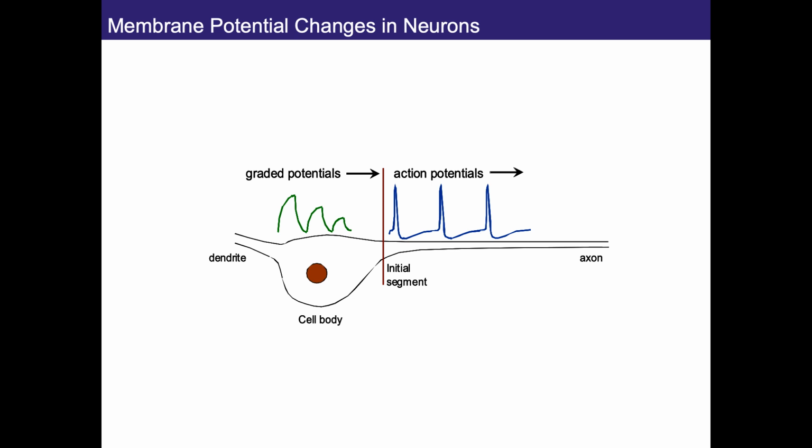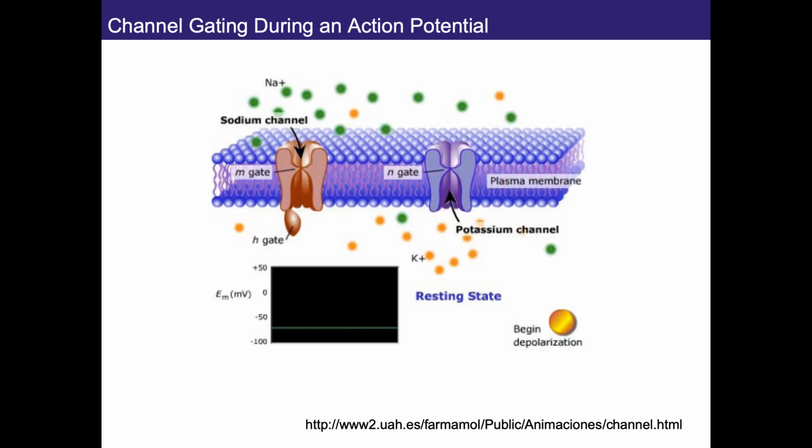Okay, now we actually talked about this before. I showed you this particular animation when we were talking about facilitated diffusion, but we were concentrating on the voltage-gated sodium channel. What initiates those action potentials is the stimulation of voltage-gated sodium channels. Unlike graded potentials, which are ligand-gated, these are voltage-gated sodium channels.